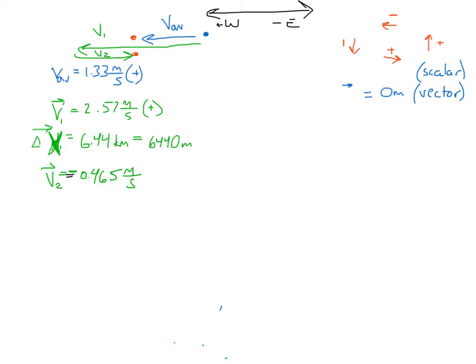Now, it's true that you can't walk minus 0.465 meters per second. You can't walk a negative amount. But since direction is important with vectors, we're going to call that a negative quantity for math purposes. Okay, she's going in the negative direction at 0.465 meters per second.